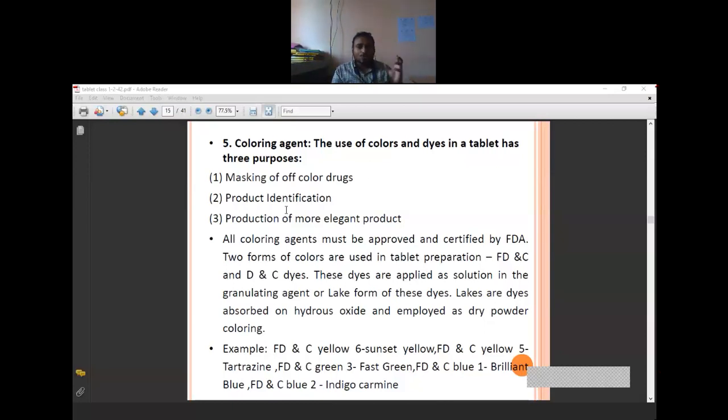So two forms of colors are used in tablet preparation, that is FD&C and D&C dyes. These dyes are applied in solution, in the granulating agent, or in lake form. Lakes are dyes adsorbed on hydrous oxide and employed as a dried powder coloring.